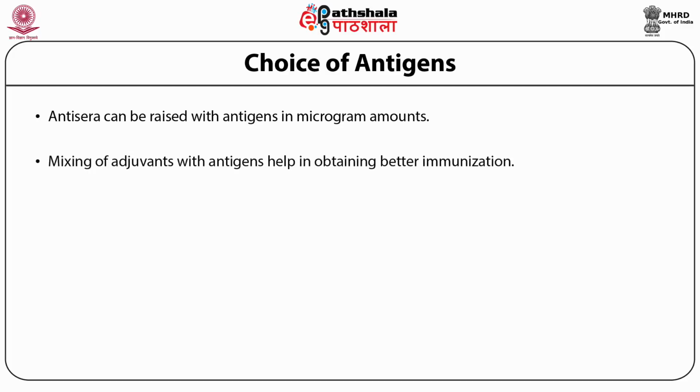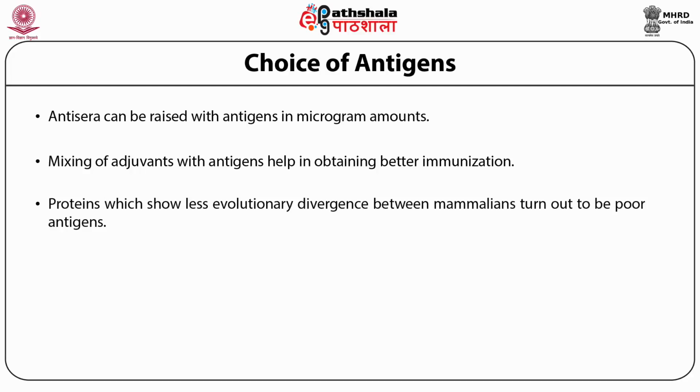Mixing of substances which are called adjuvants with antigens helps in obtaining better immunization. Proteins which show less evolutionary divergence between mammalians turn out to be poor antigens. That is because their foreignness is very limited in terms of their structure.